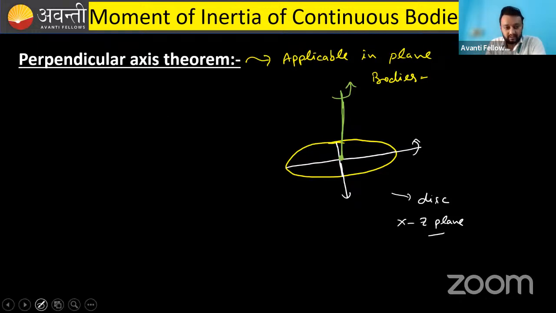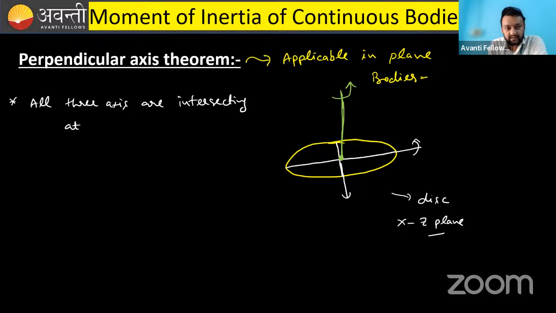So the first point is all three axes are intersecting at the same point. Remember all these points, otherwise you will not be able to apply the perpendicular axis theorem.